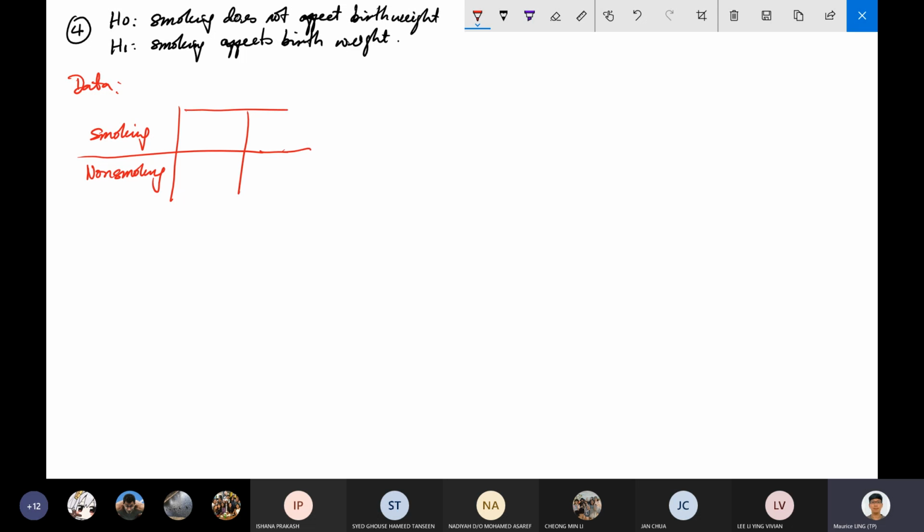Less than 2.5 kg and more than 2.5 kg in terms of birth weight. So this is our number, 2 1 4 9. Okay, so far no problem, right?